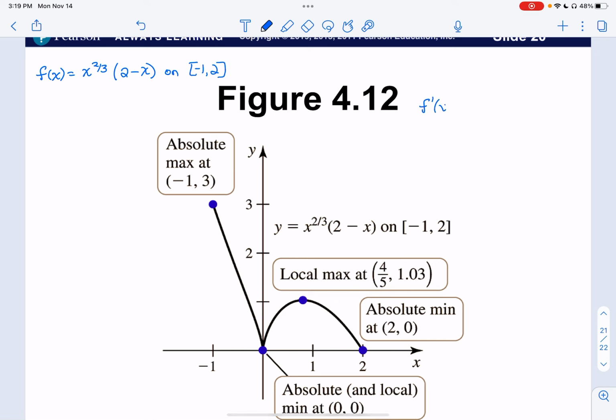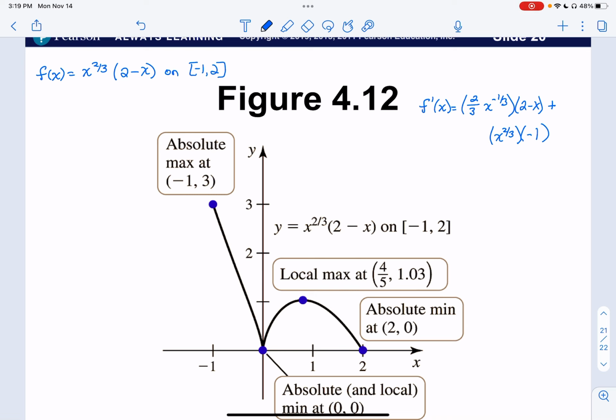I have the derivative of f is equal to, and I'm going to use that chain rule, 2/3, hold on, that's really ugly, is equal to 2/3 x to the -1/3 times 2 minus x plus x to the 2/3 times -1, right?